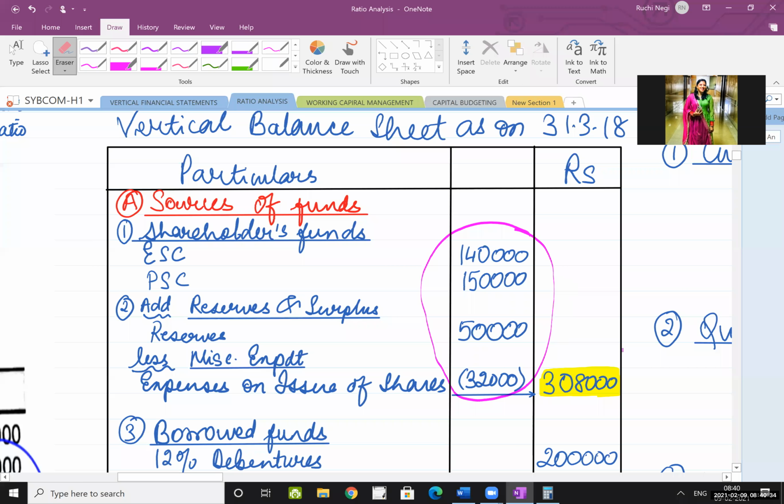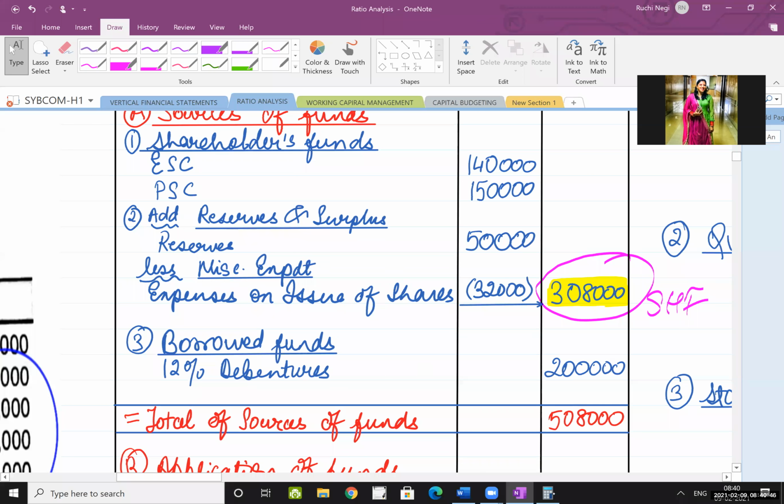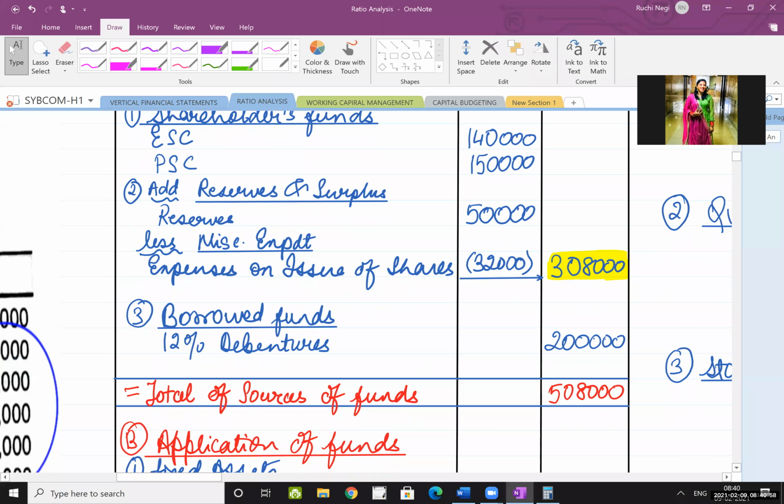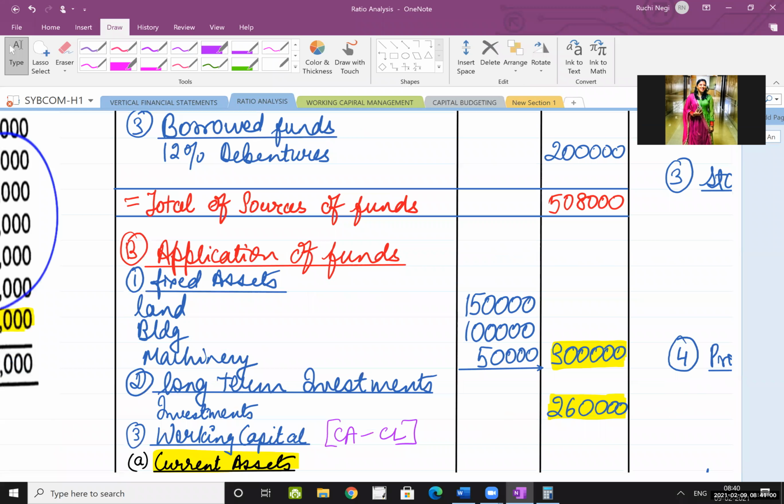So this is my shareholders' funds. Next, borrowed funds. Debentures are 2 lakhs. Add 2 lakhs. So my answer is 5,08,000. So this is my total of sources of funds. Next, application of funds.